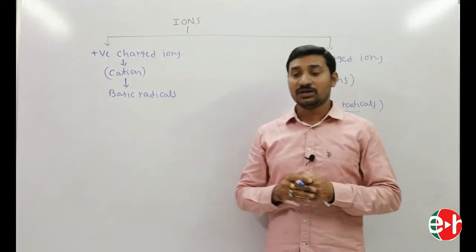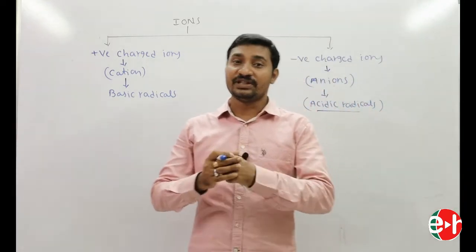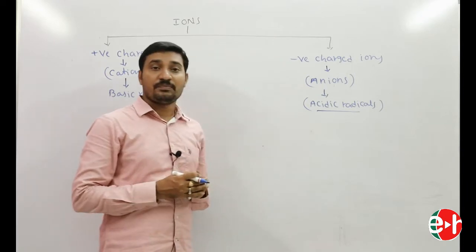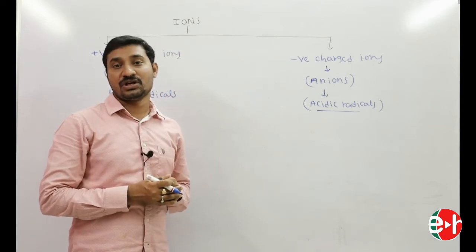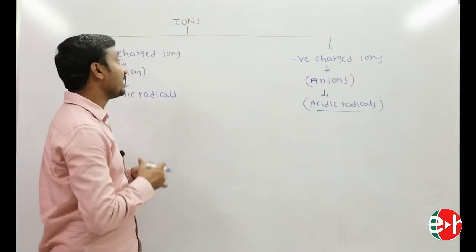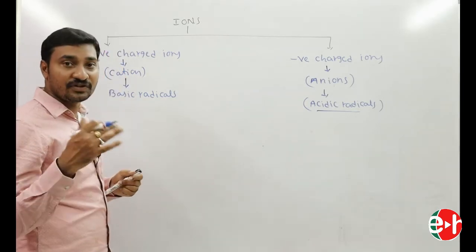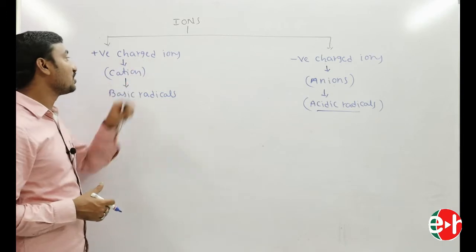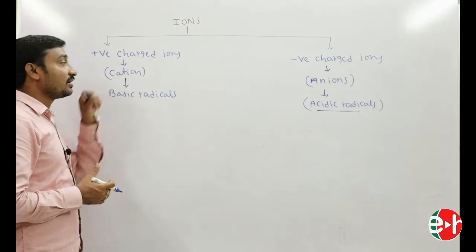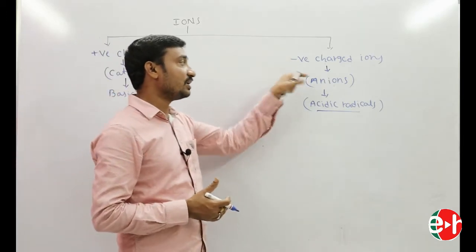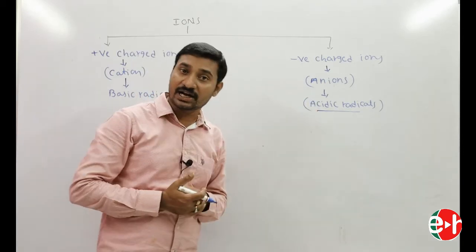Atom or group of atom with positive or negative charge called what? Ions. So ions two types: positively charged ions, negatively charged ions. Positively charged ions known as cation, negatively charged ions known as anion or acidic radical.